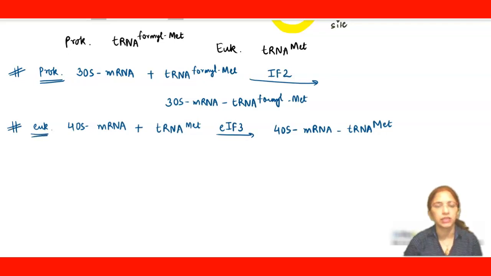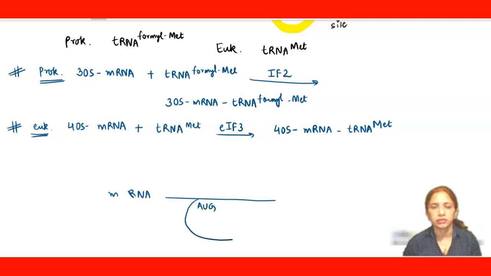So let's see in a diagram what has happened till now. Okay. Now this is our messenger RNA which we are going to draw, and suppose this is our sequence AUG. And this is the smaller subunit which has already been attached. And now what will happen? Suppose this is our transfer RNA, and this bottom part, you know that it is always going to be the anticodon loop.